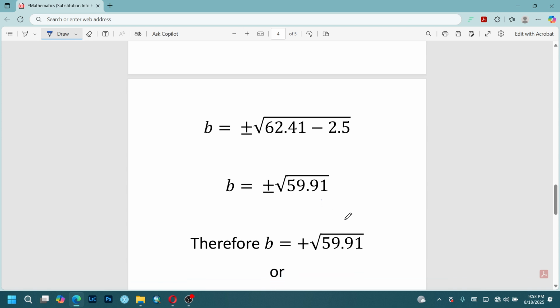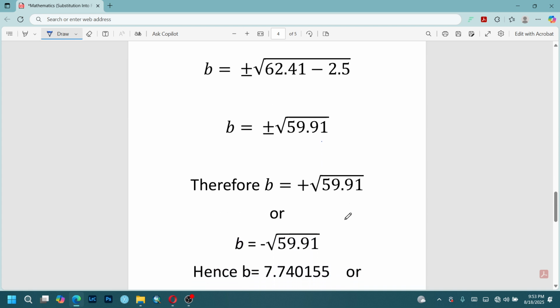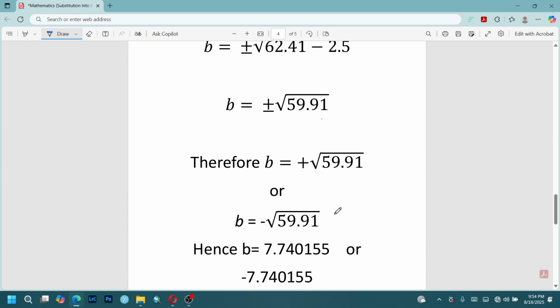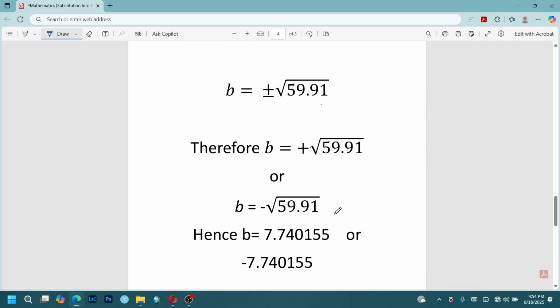Therefore b is going to be plus the square root of 59.91 or minus the square root of 59.91, and the square root of 59.91 is 7.740155. So our final answer is going to be either positive 7.740155 or negative 7.740155.